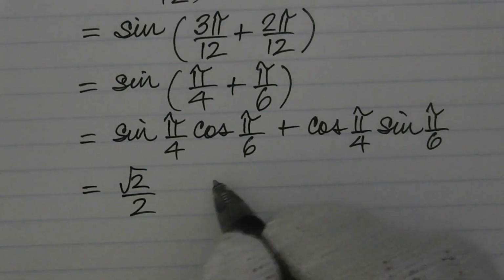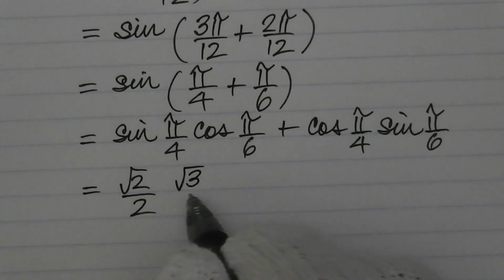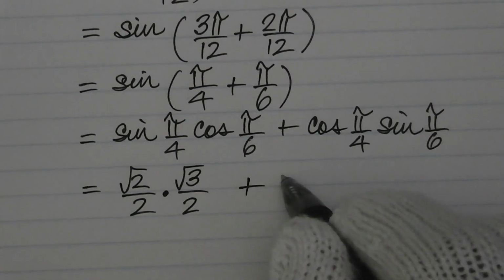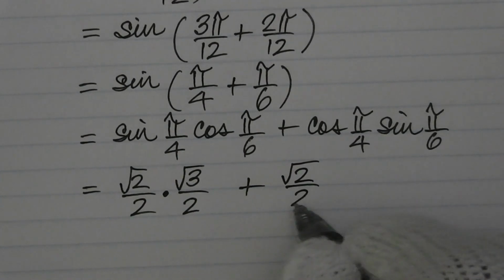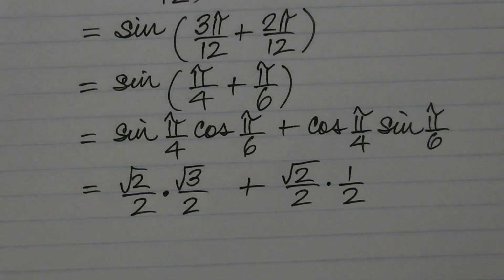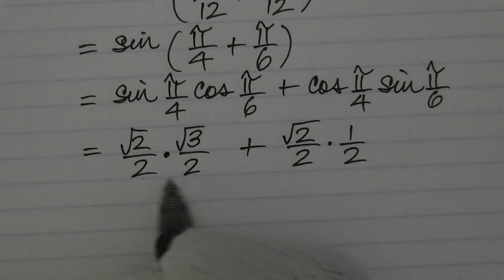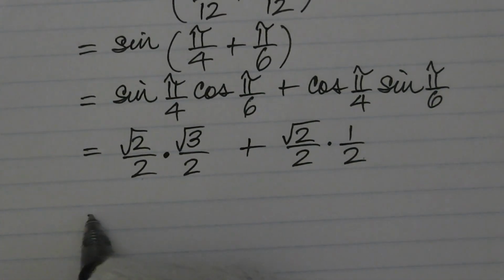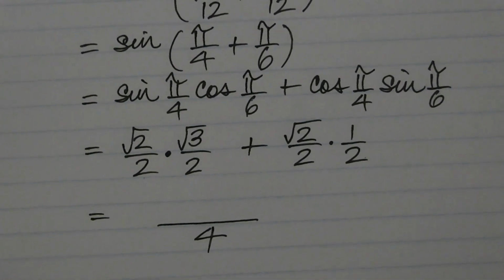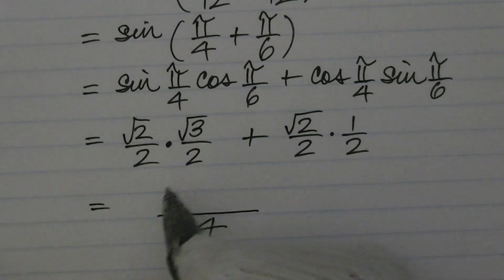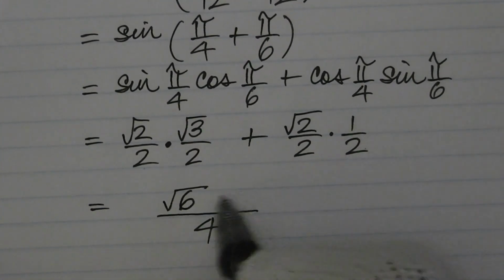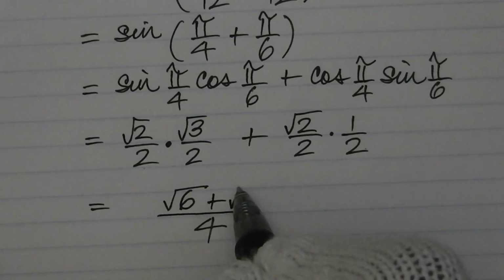Cosine pi over 6 is radical 3 over 2. Cosine pi over 4 is radical 2 over 2. Sine pi over 6 is 1 over 2. My denominator is 4. Root 2 times root 3 is root 6, or radical 6. Radical 2 times 1 is radical 2.